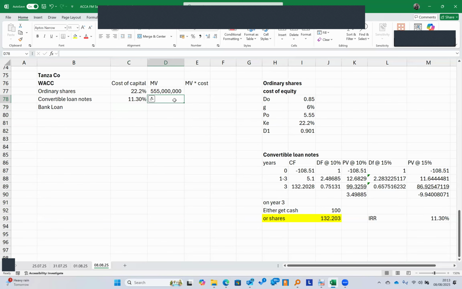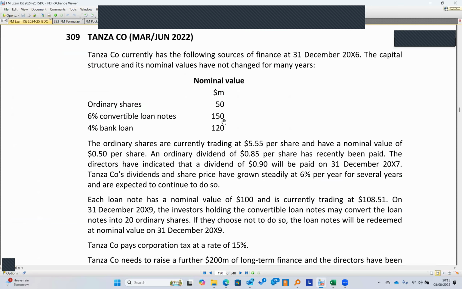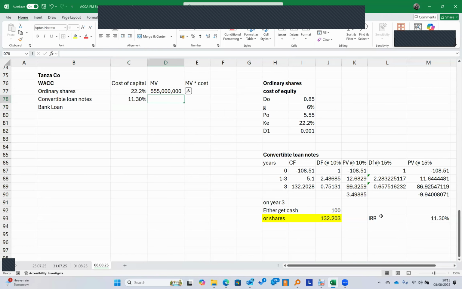Then market value, that one we notice 150 million divided by 100 times 108.5, which becomes 162 million. Okay.